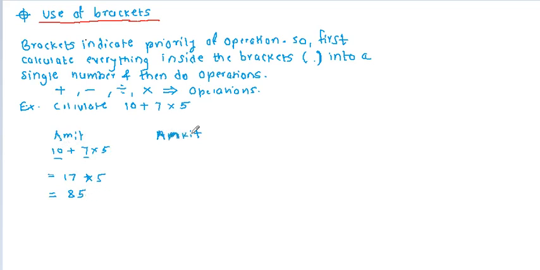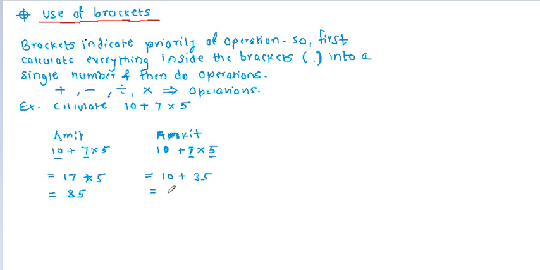Ankit also solved the same example, 10 plus 7 into 5. But Ankit first multiplied 7 into 5, which is 35.